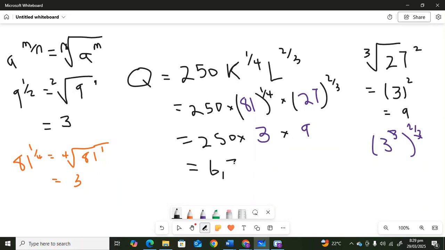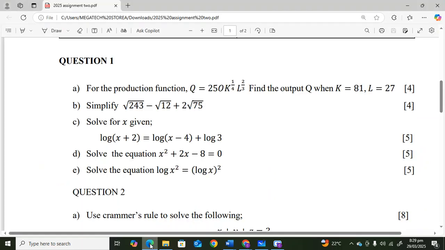So this is how many units they produce: 6,750 units. Any questions? Okay, we go to the next question.